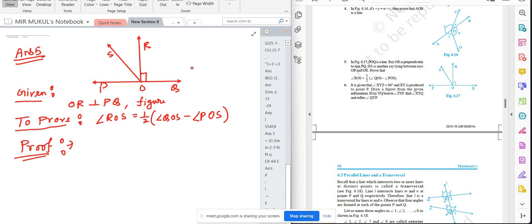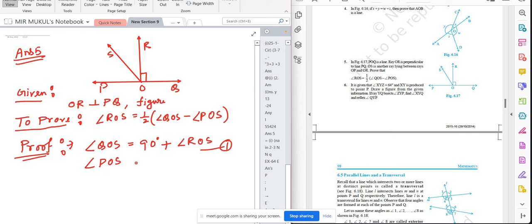Now proof. Now see here, angle QOS can be written as 90 plus angle ROS. This is equation number 1. And angle POS can be written as 90 degree minus angle ROS. This is equation number 2. Now difference between these two will be 1 minus 2.